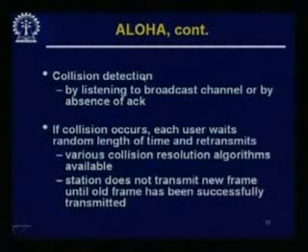Collision is detected by listening to the broadcast channel or by absence of acknowledgement. If a collision occurs, each user waits a random length of time, as already mentioned. Various collision resolution algorithms are available. A station does not transmit a new frame until the old frame has been successfully transmitted. So, the station is stuck with that frame until it can send it.